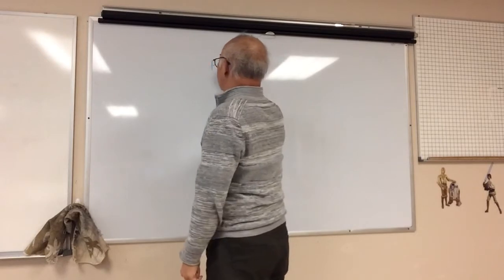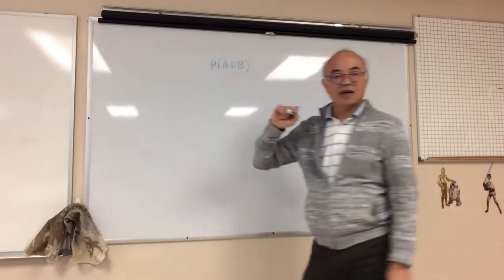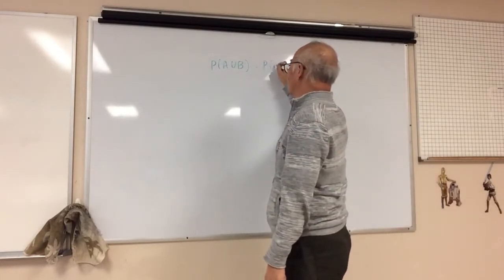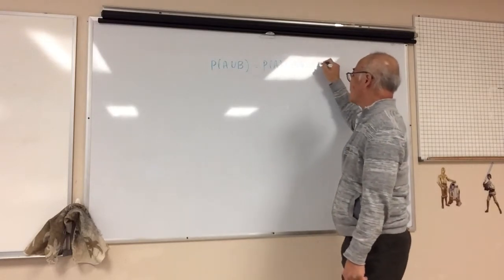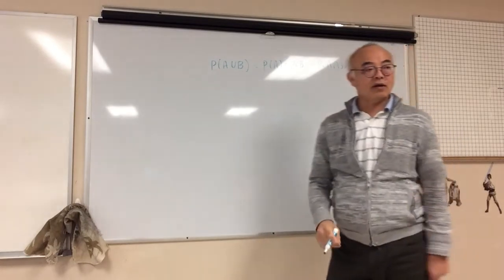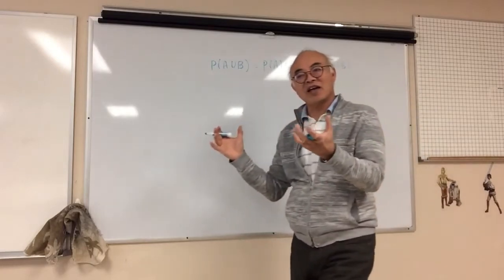We said P(A or B) is equal to what? P(A) plus P(B) minus the AND part, right? We said this, and we did the Venn diagrams, right?